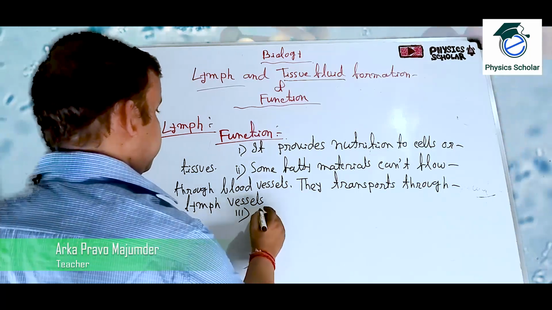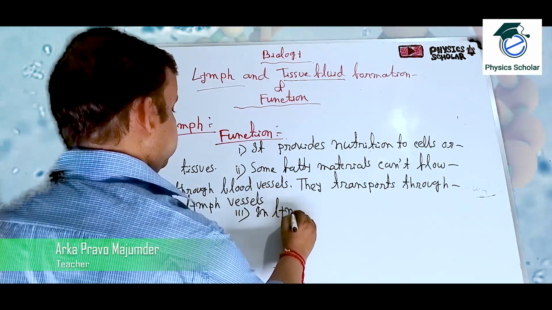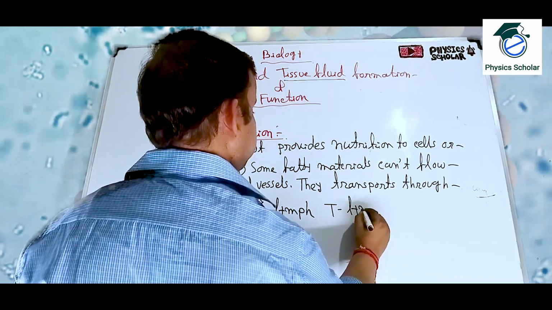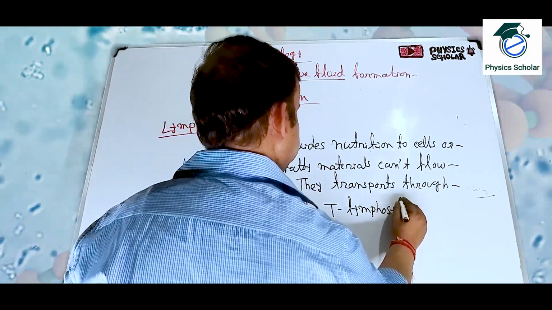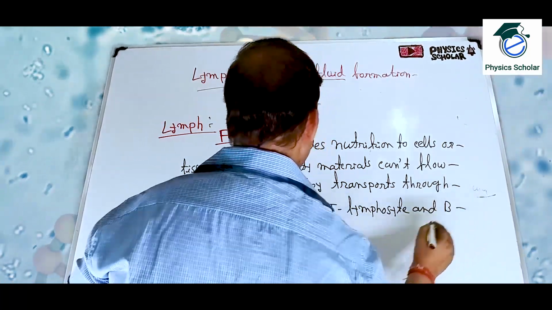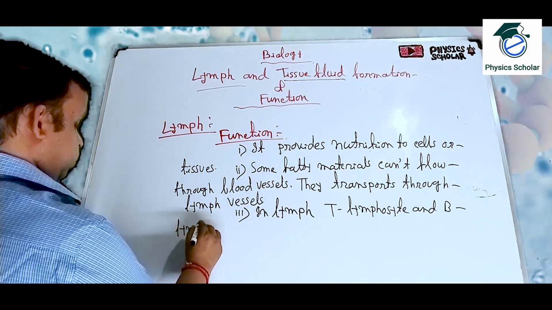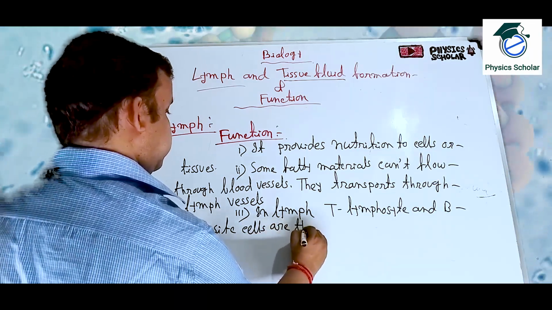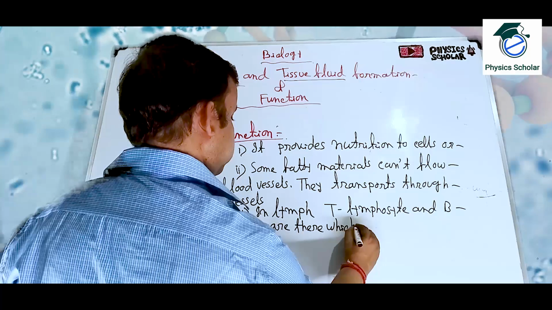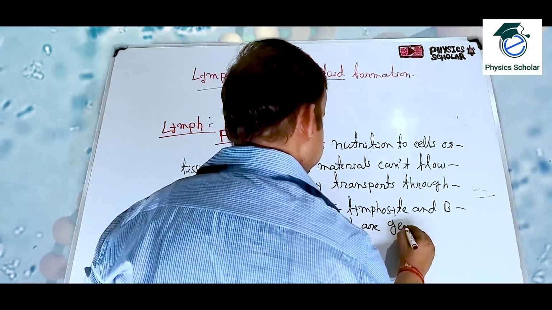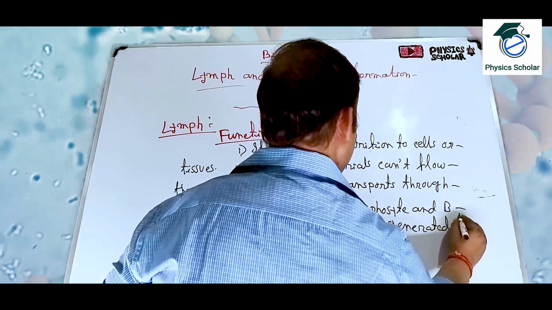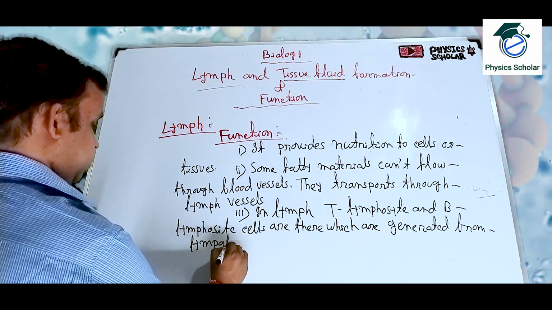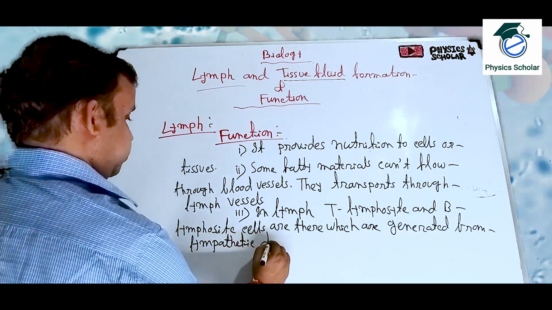Now what is the third function? In lymph, T lymphocyte and B lymphocyte cells are there which are generated from the lymphatic duct.